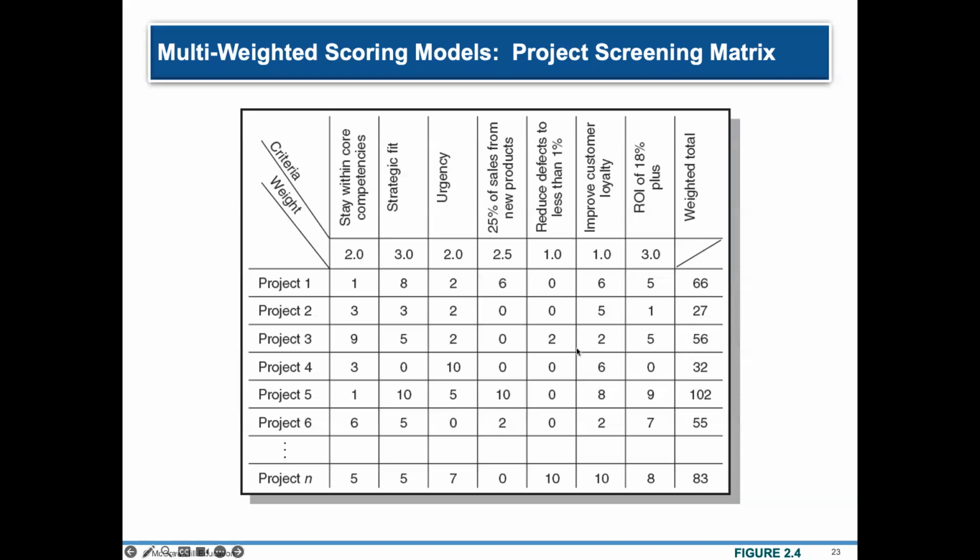And if a particular project rather has the highest weighted score, then this particular project should be given priority. So according to this table, which project is the priority? So the first project in the pipeline, according to this table, should be project 5.